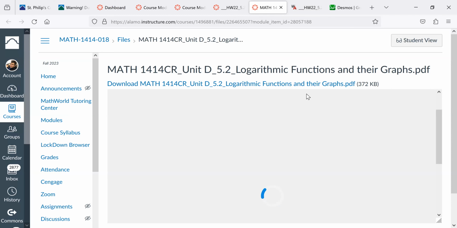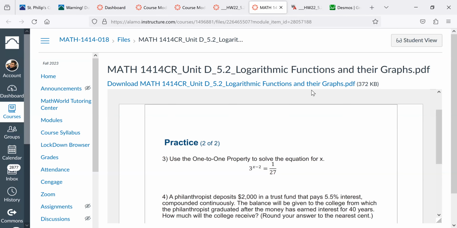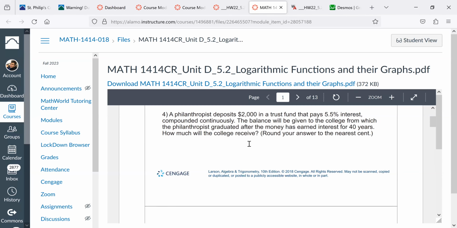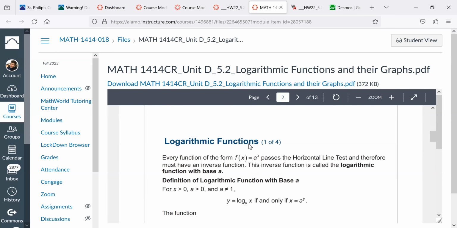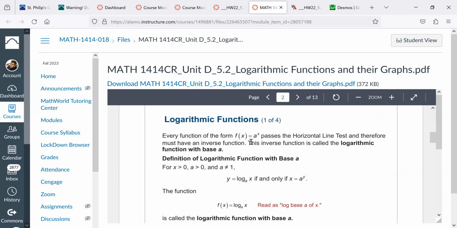All right, let's look at logarithms. 5.2. So this formula right here is going to be important. It's also an if and only if statement, so both directions are true.